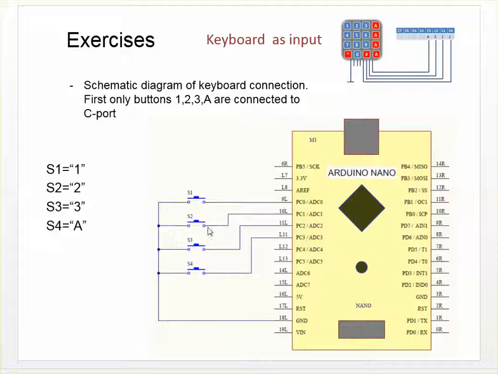And if we press this number 2, then C1 will be 0. And if no keys are pressed, then the status is logical 1. If you press some key, it goes to 0, otherwise they are in logical 1.